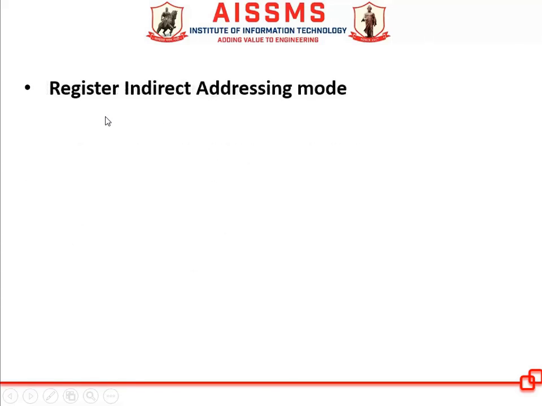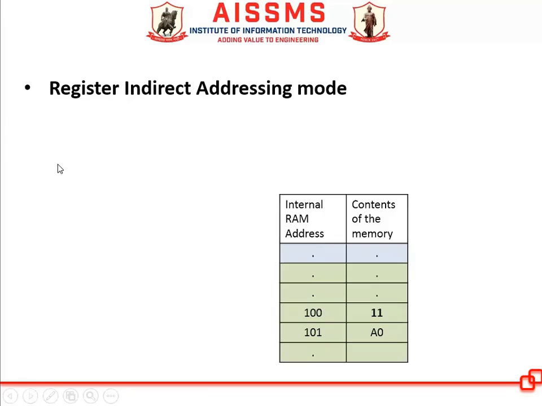Next is register indirect addressing mode. In this addressing mode, the address of the operand is stored in a register. So there is a pointer register which is used in this addressing mode, and the registers which are used as pointer registers in PIC microcontroller are called file select registers.